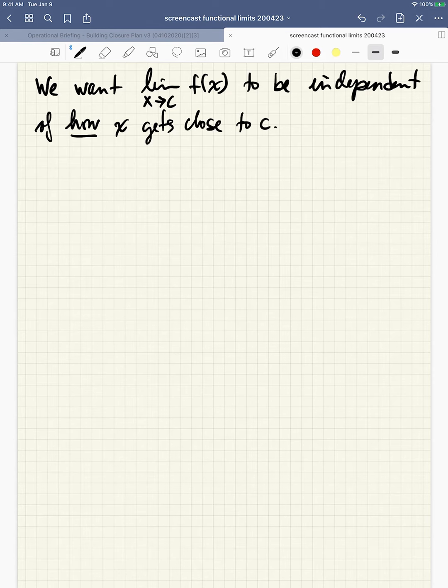If we have a function and there's a set A that's its domain, and c is a limit point of A, it doesn't have to be f of c.